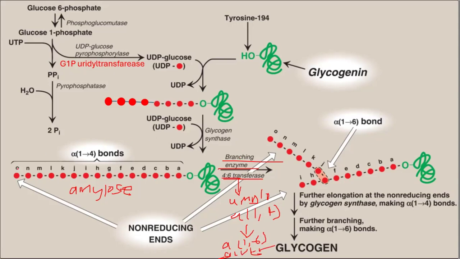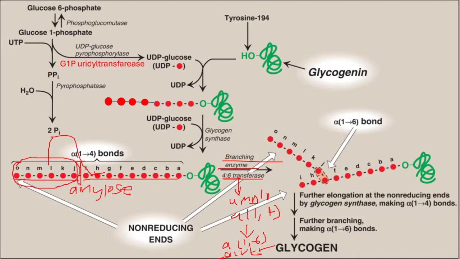And see what it does. It takes an oligosaccharide chain from the non-reducing end, like that one. Ideally, it should be about 7 or 8. So it cleaves this alpha 1,4 bond, and then it takes this oligosaccharide chain and attaches it to another glucose molecule, either of the same chain or another chain.